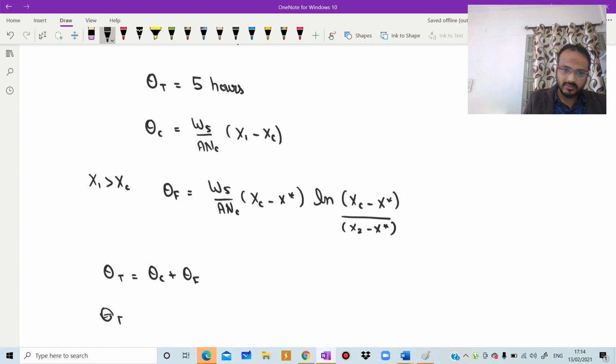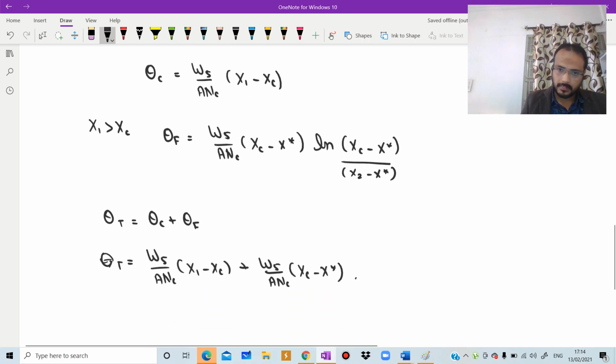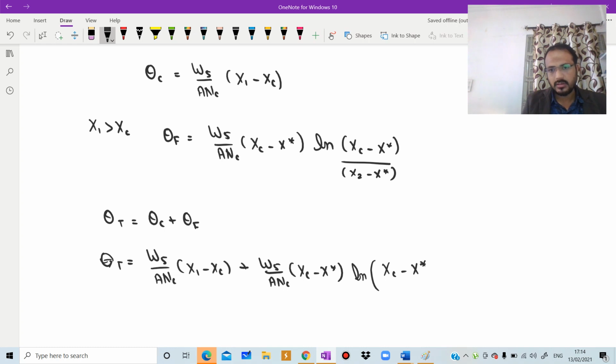So theta total is equal to Ws by A Nc times x1 minus xc, plus Ws by A Nc times xc minus x star ln of xc minus x star divided by x2 minus x star.